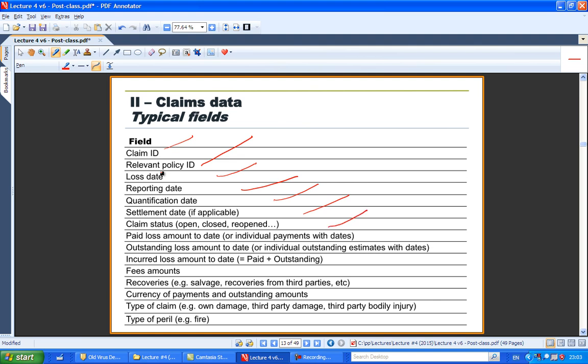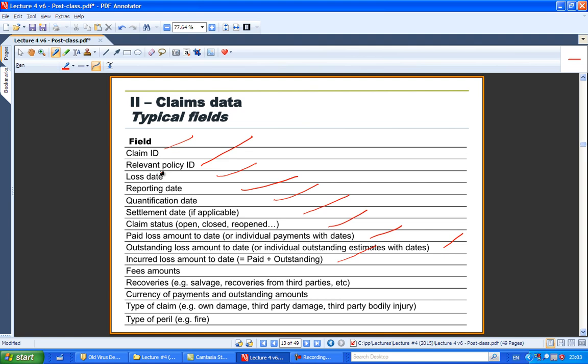Also, you will have very often information on whether the claim is still open, it's closed, it was closed and it's been reopened. You have information of how much of the claim has already been paid and how much it's left to pay. Finally, you will have information on the incurred loss amount.